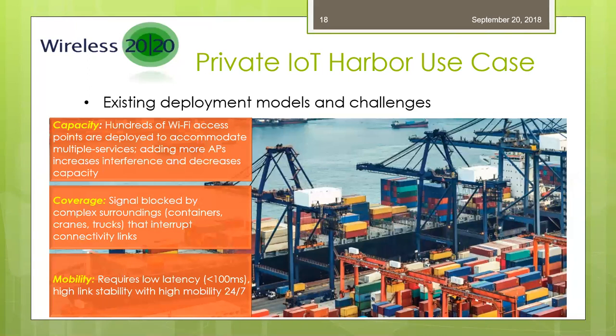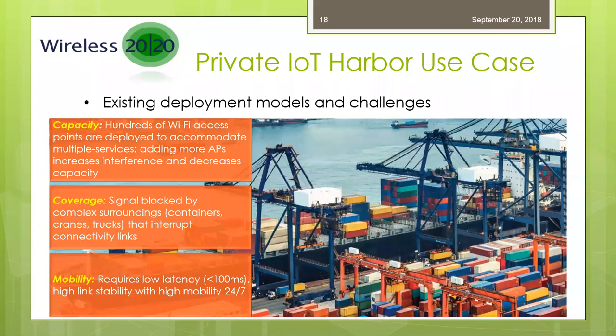In this particular case, as I said, this is a large, sprawling complex, so coverage is certainly important. But we have lots of equipment, lots of metal containers that are sprawled around the area, and so having signals blocked and interference becomes certainly quite difficult.